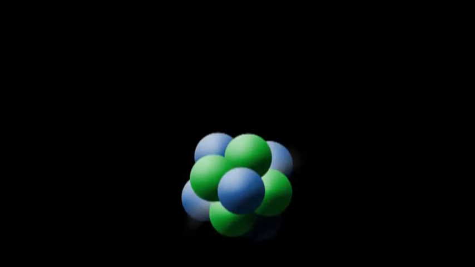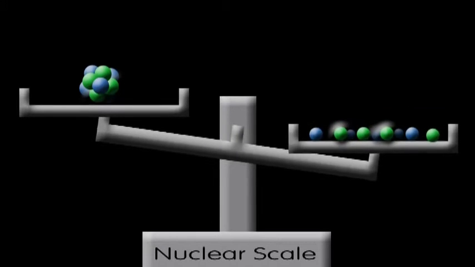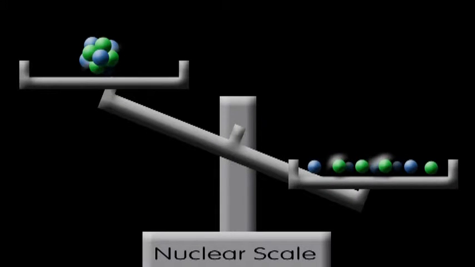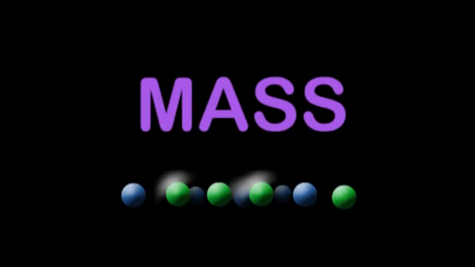Now, the funny thing about nuclei is that if you take a given nucleus, you weigh it, and then rip it apart into its different nucleons, and then weigh those again as separate entities, you will find that the nucleons, weighed separately, have a greater mass than the nucleus itself. So we see that when taking a given nucleus apart, we somehow gain mass.